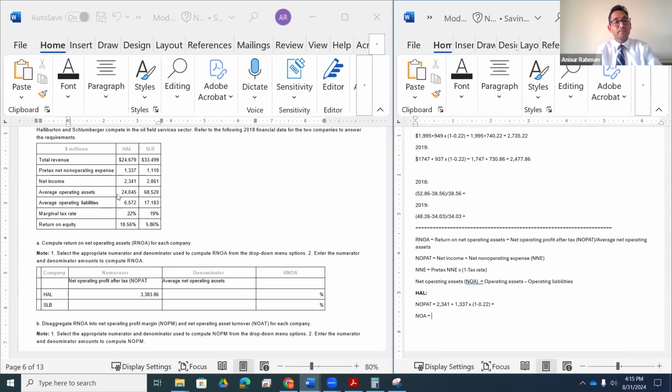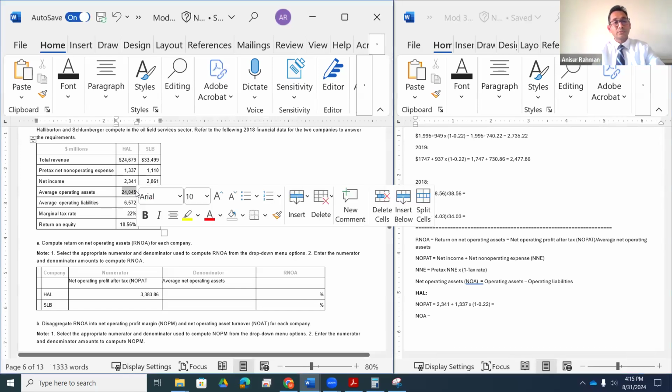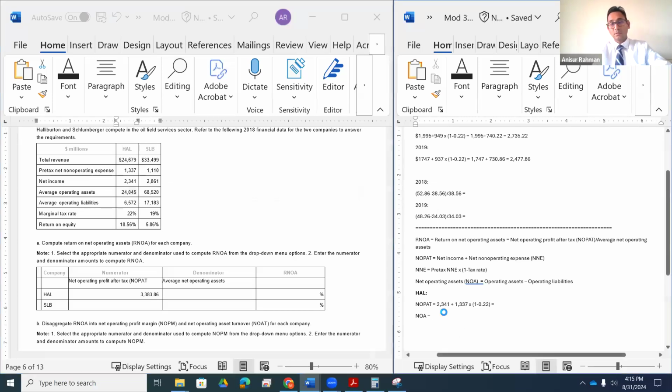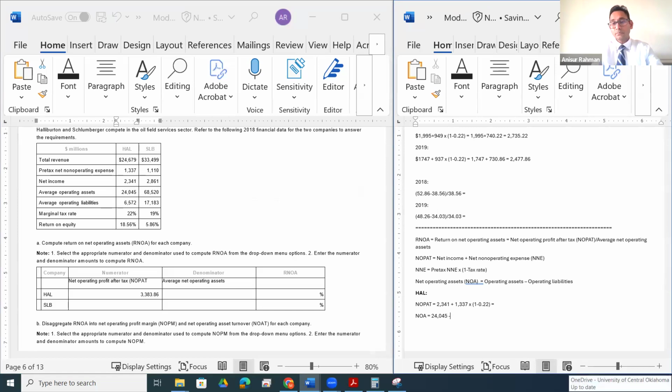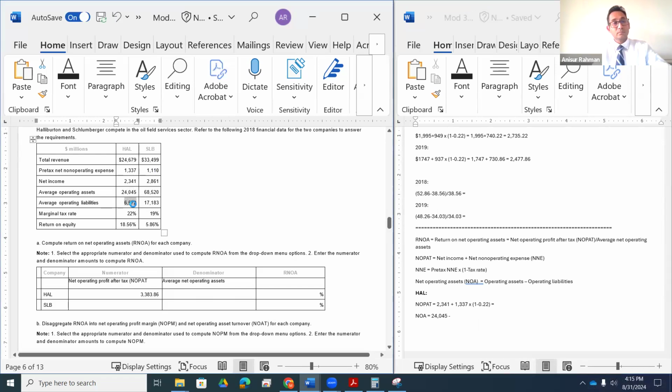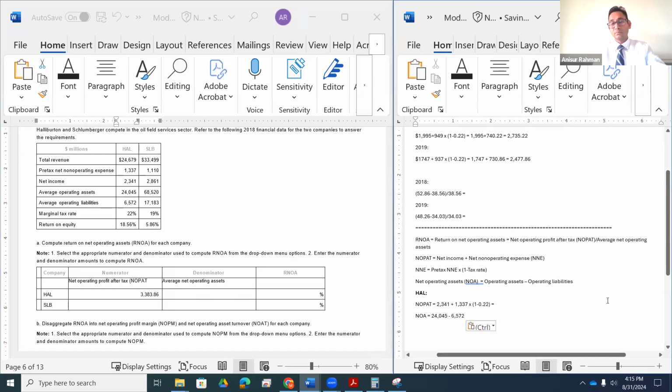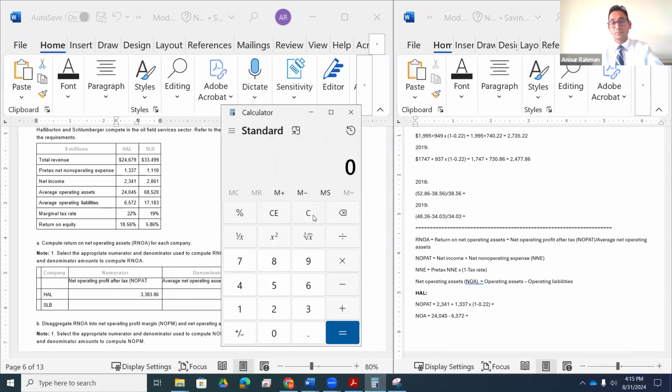operating assets are 1,045. And operating liabilities are this number.